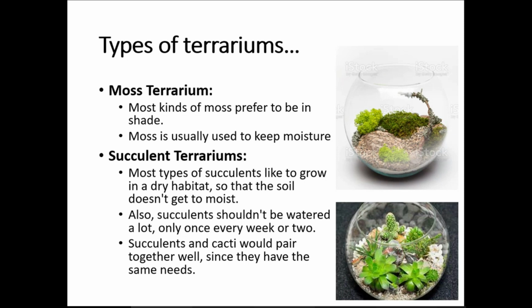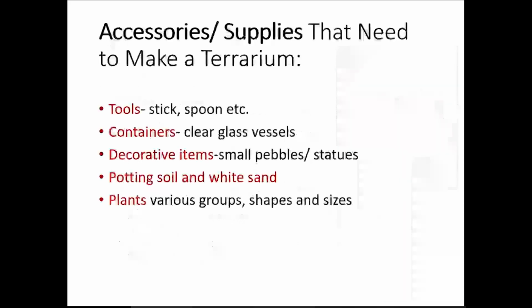Here, based on the habitat condition where we are going to keep it and what type of plants we are going to use, terrariums are classified into different types. Once we know what a terrarium is, what do we require for this? I already told you the seven layers. Including those, these are the accessories or supplies needed to make a terrarium.